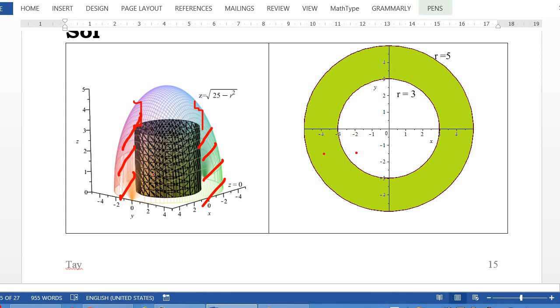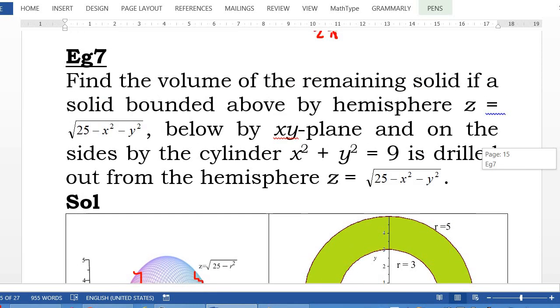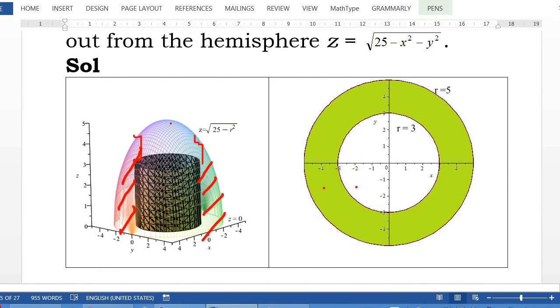Now example 7 takes the solid that we drilled out, which has its side by the cylinder and top by the sphere. So what is left is just the outside. For the hemisphere, the projection r is 0 to 5.